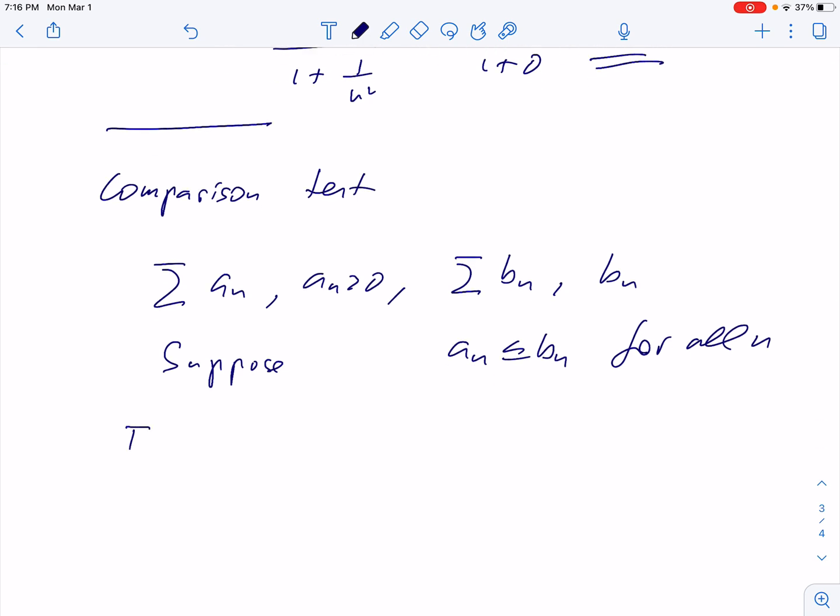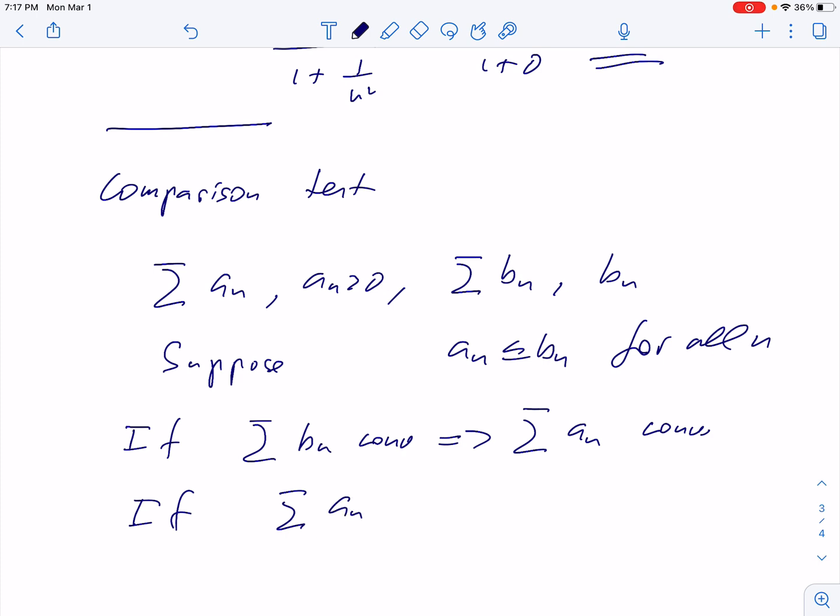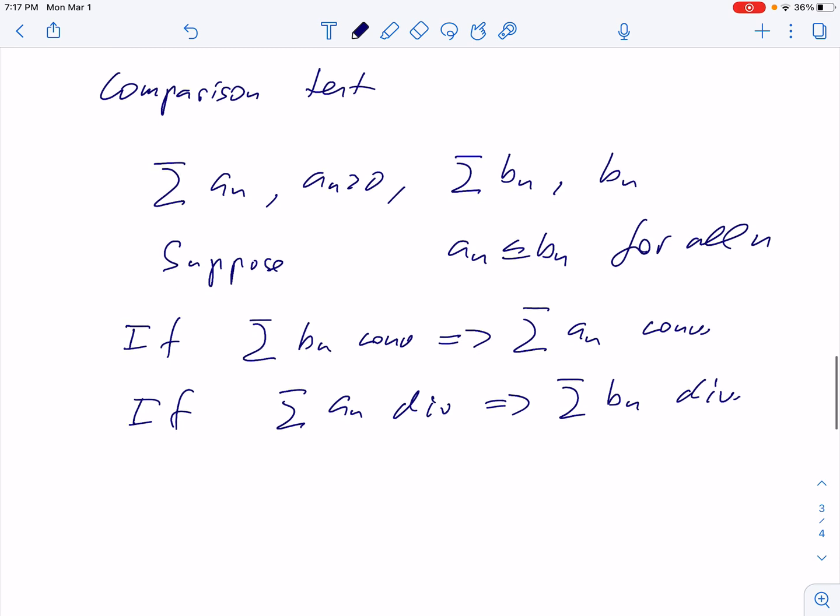Then if the second series converges, then the first series converges. The terms of the second dominate the first and make it convergent also. But if the first is divergent, the second will be divergent. It will push from below the second one and make it go to infinity. So that's how this test works, just comparing the terms.